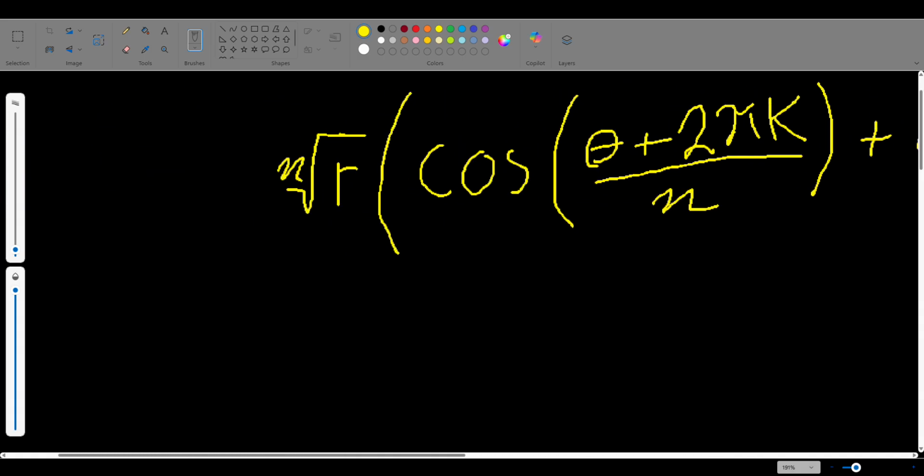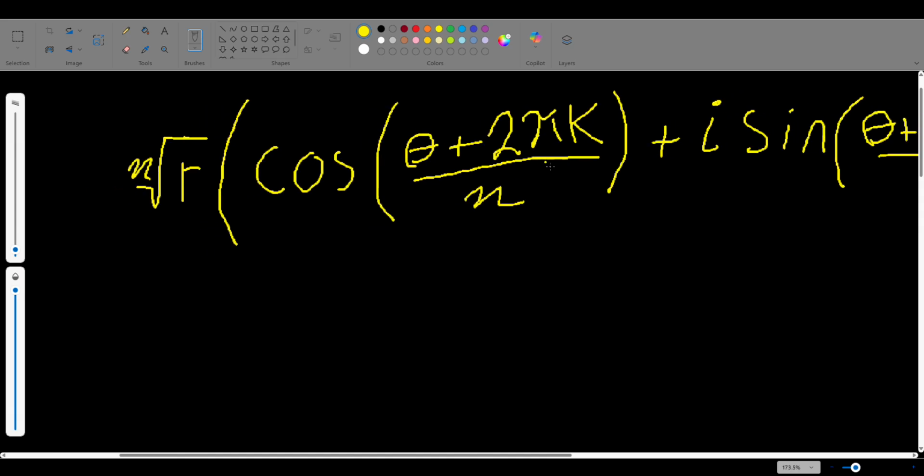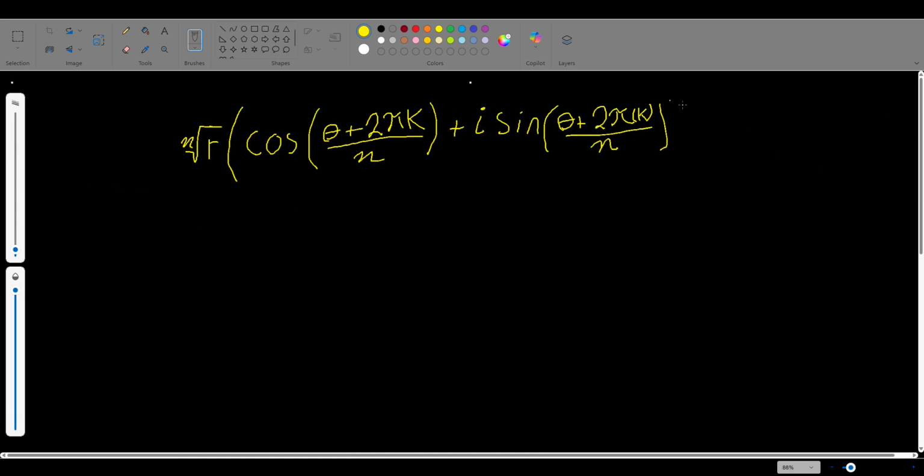So this is the formula to do this problem. To basically find the nth root of r, we need to do this formula.